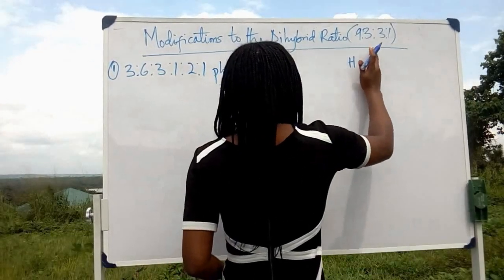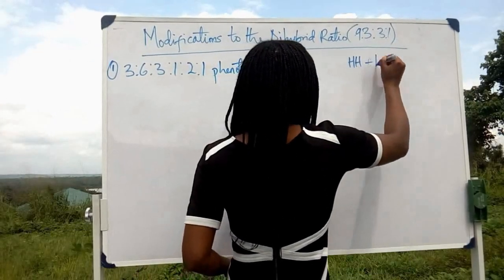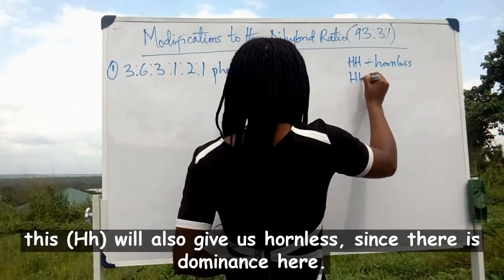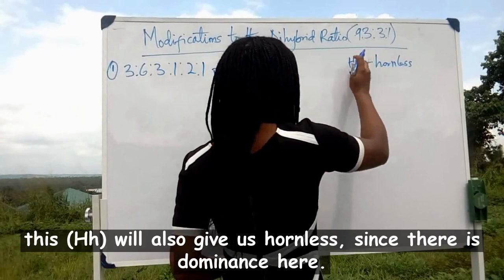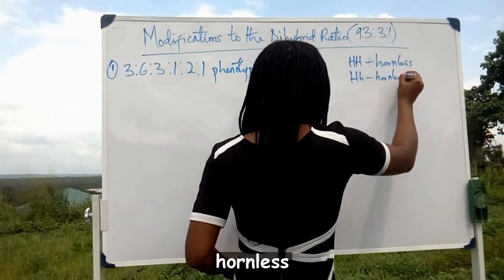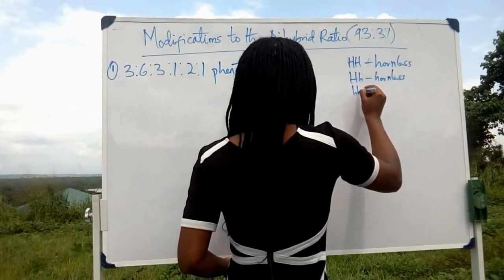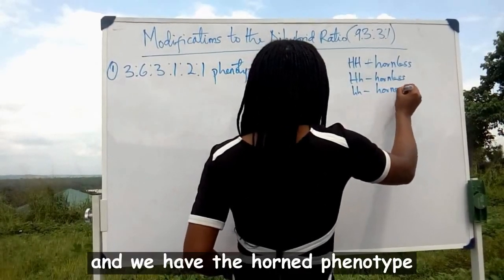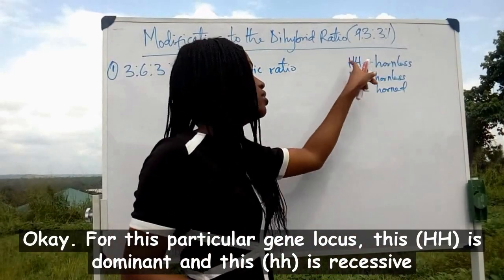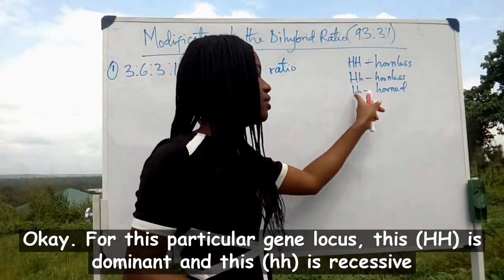So let me write it as this. Hornless. This would also give us hornless since there is dominance here. Hornless. We have the horned phenotype. Okay, for this particular gene locus, this is dominant and this is recessive.